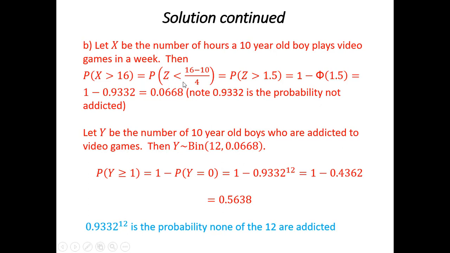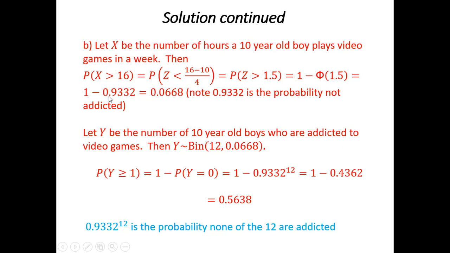Find the probability Z is less than 16 minus 10 over 4. So this is X minus mu over sigma. That simplifies to 1.5. So instead of doing the greater than probability, we use the complement. We do 1 minus phi of 1.5.